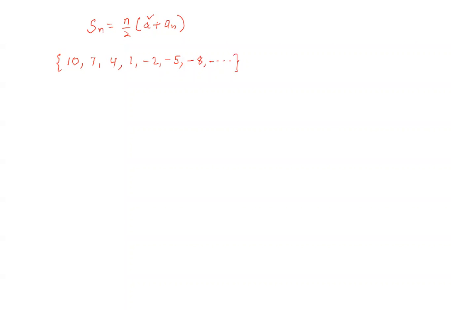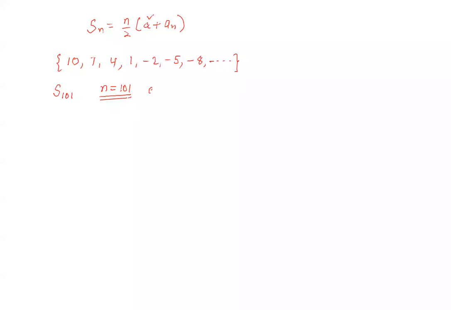That's your sequence. I would like you to find the S sub 101. What is the sum of the first 101 terms in this sequence? You can find it, use the formula. So your n here is 101. That means you want to find the sum of the first 101 terms.